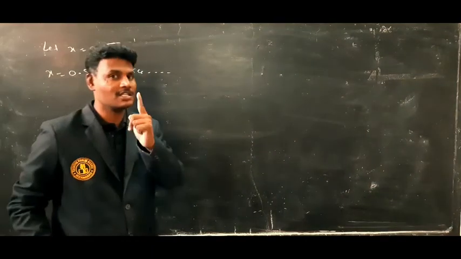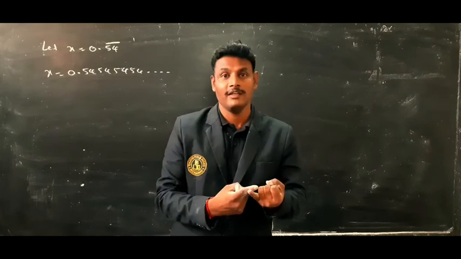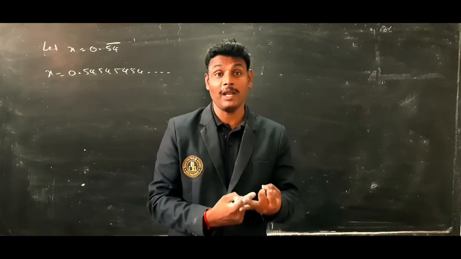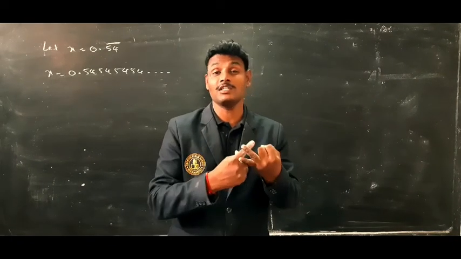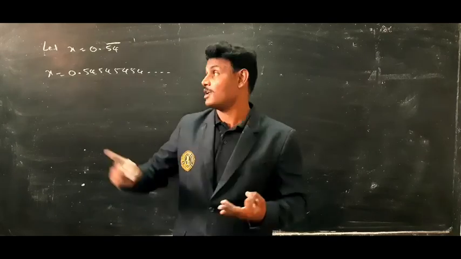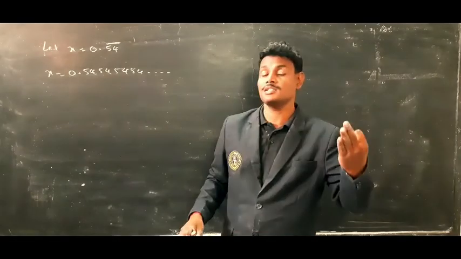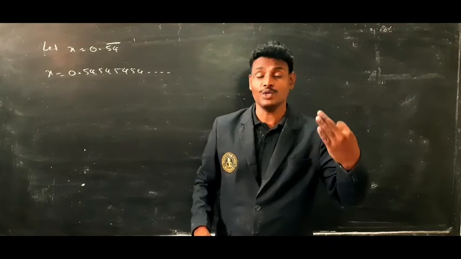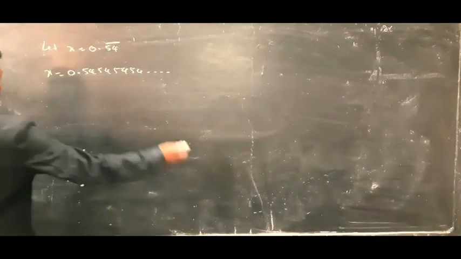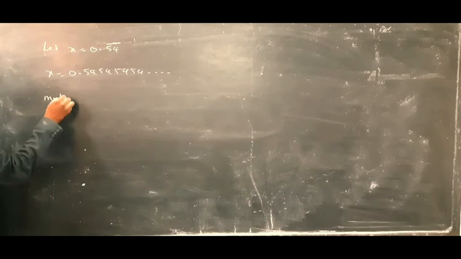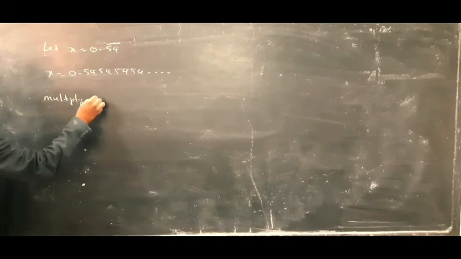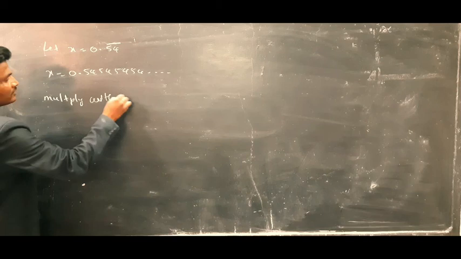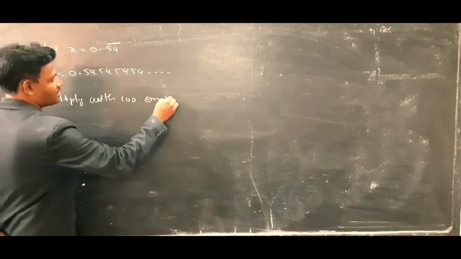If the periodicity is 1, multiply with 10. If the periodicity is 2, multiply with 100. If the periodicity is 3, multiply with 1000. Here the periodicity of the given non-terminating but repeating decimal is 2. So multiply with 100 on both sides.